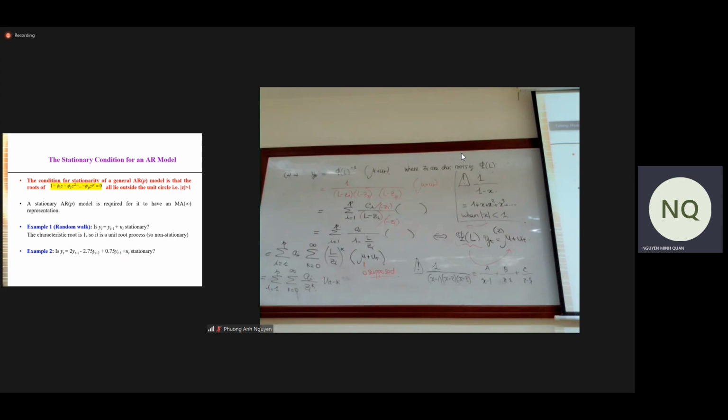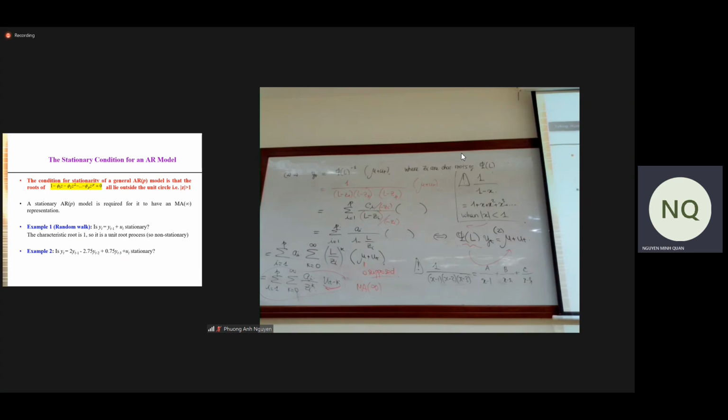In this expression, if it works, then u_t is exactly like the MA model. You see, it's an MA model with order infinity.